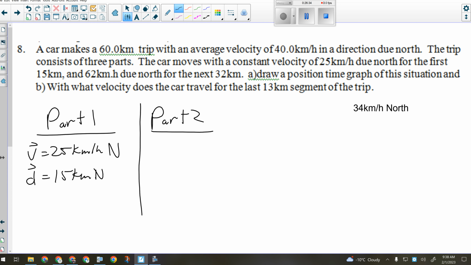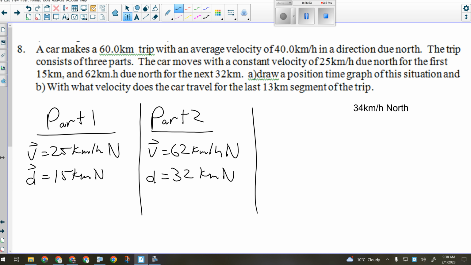Okay, in part 2, we know that it is going to move at 62 kilometers per hour due north. And that's for 32 kilometers. And then in part 3, at what velocity does the car travel for the last 13 kilometers?